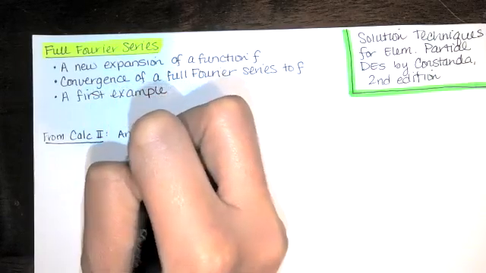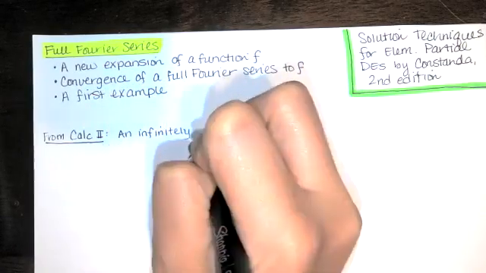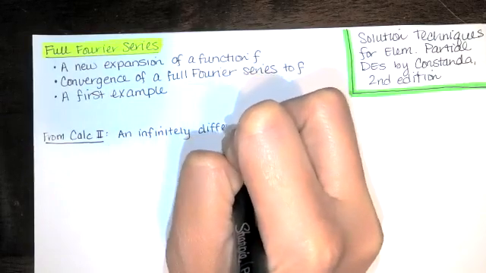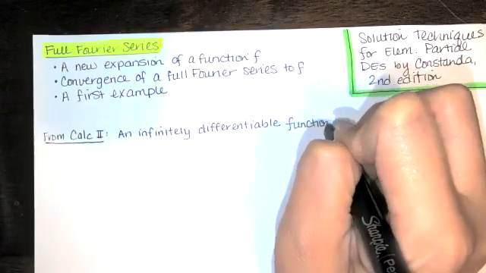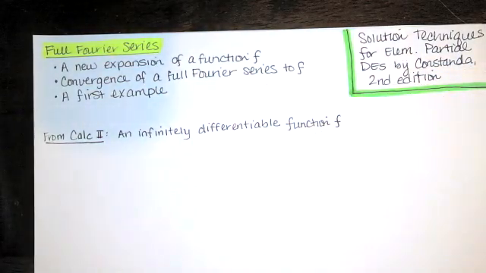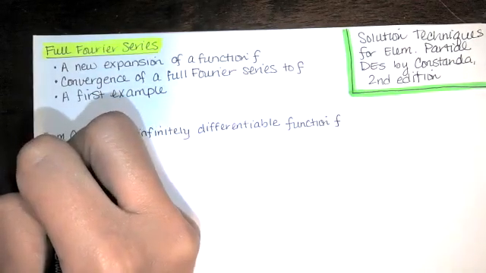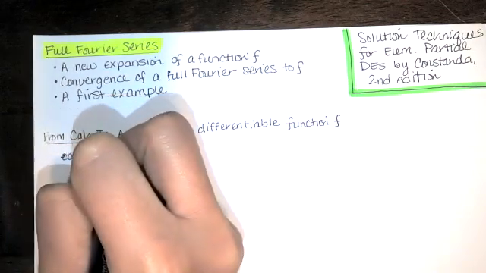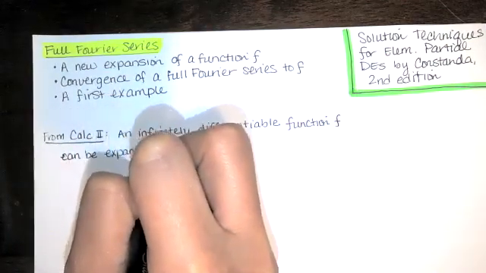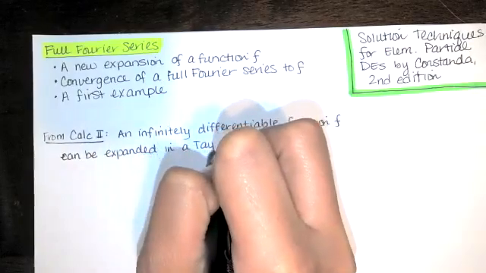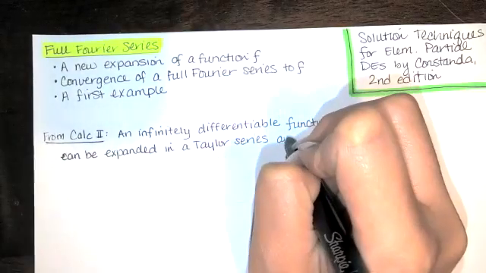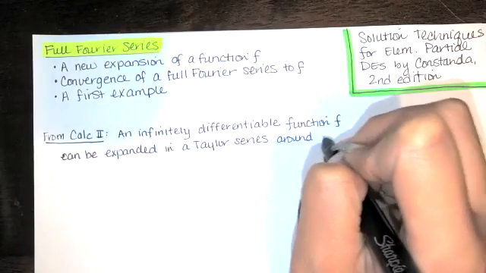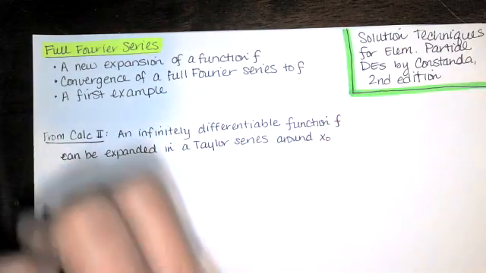We said that if that function f is infinitely differentiable, so we can compute all of the derivatives at x0, this infinitely differentiable function f can be expanded in a Taylor series around the point x0 in an interval where the function f is defined.